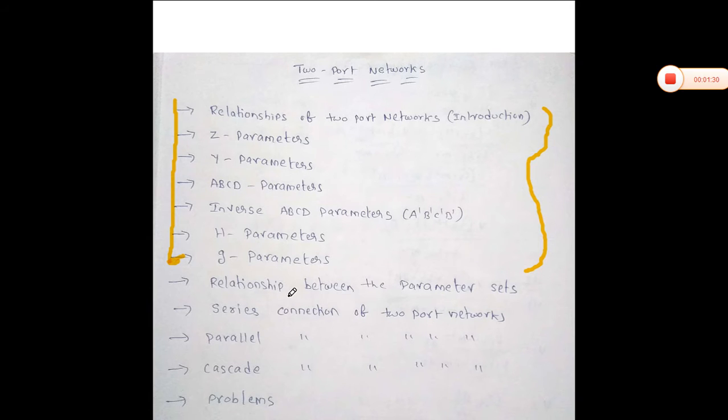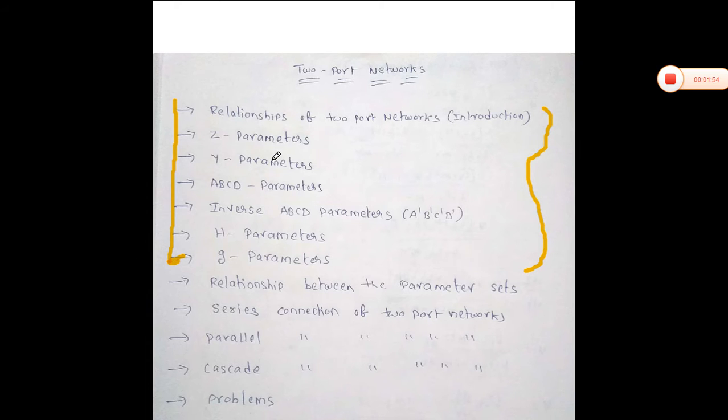In this chapter we also discuss the relationship between the parameter sets. That is, Z parameters in terms of Y parameters, Z parameters in terms of ABCD, Z in terms of inverse ABCD, Z in terms of H parameters, and Z in terms of G parameters.